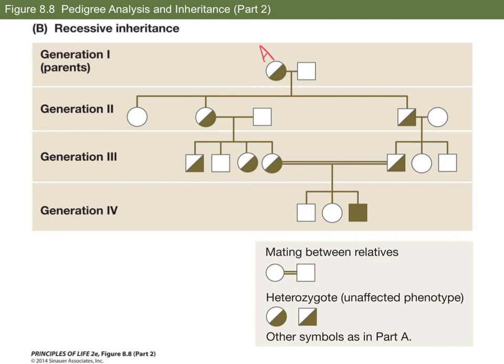So this is an individual who has the normal phenotype and is carrying the recessive allele that we're looking at. And so they shade in half of their symbol. Then an individual who fully inherits both copies of the recessive genes is going to be little a, and completely filled in.